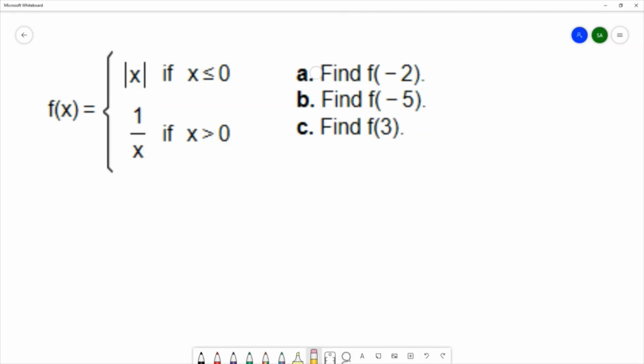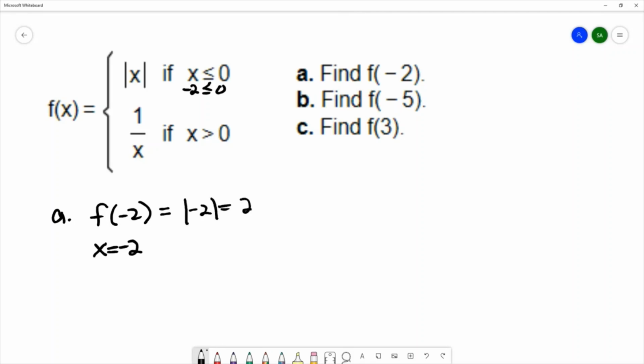We're given a few parts here to work out. We want to find part A, which is f of -2. In f of -2, we're given that x is -2. And since -2 is less than or equal to 0, I'm going to use the absolute value equation to work this example out. The absolute value of -2 is +2.